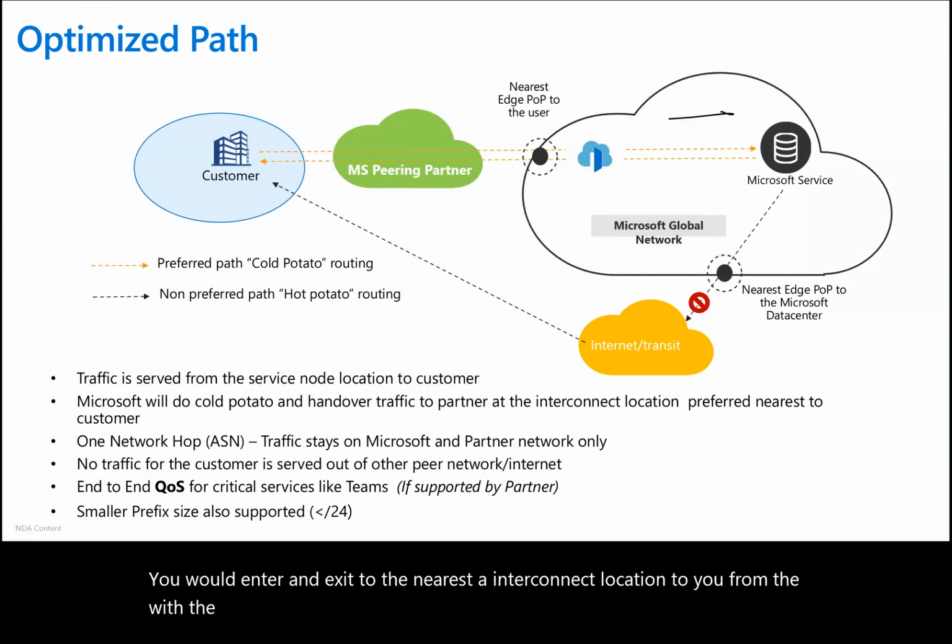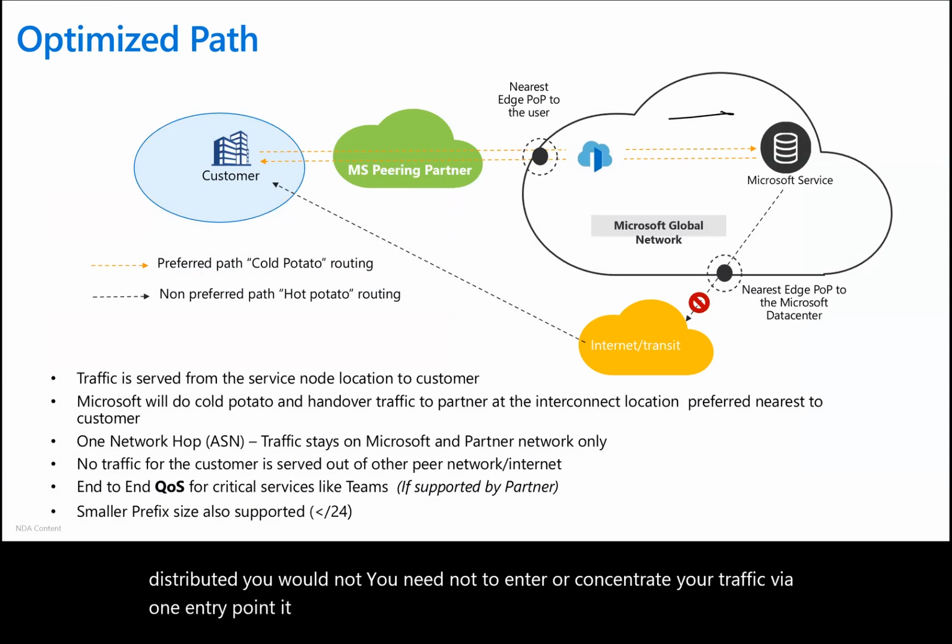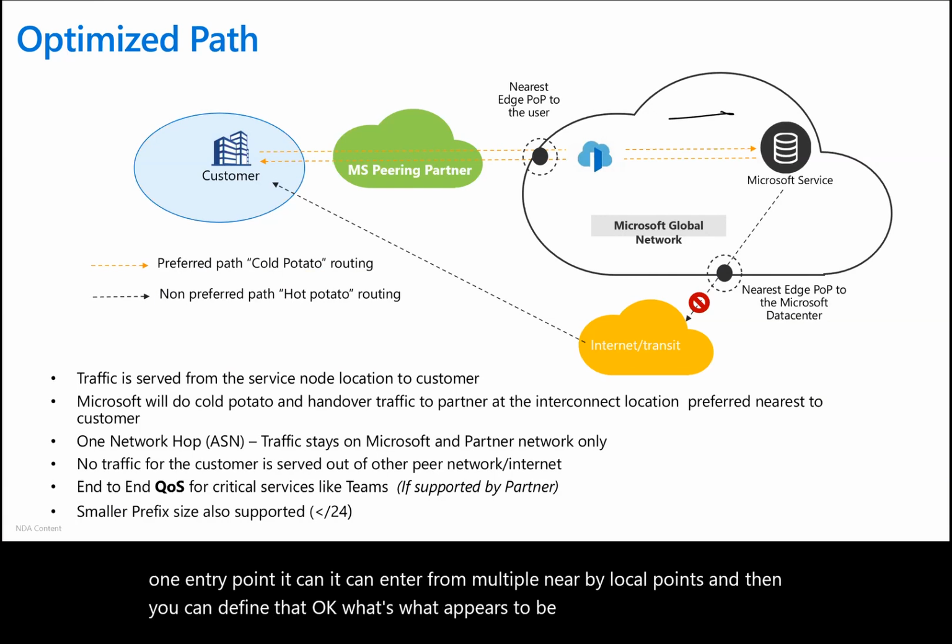So let's say if a partner is distributed and your branches are distributed, you need not concentrate your traffic via one entry point. It can enter from multiple nearby local points, and you can define what appears to be the nearest point. You can mention your location and all.